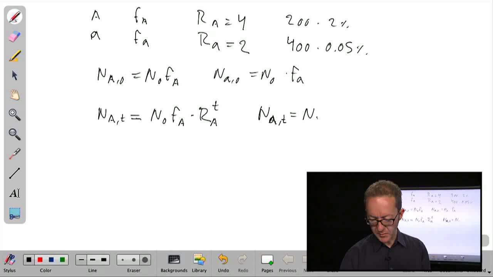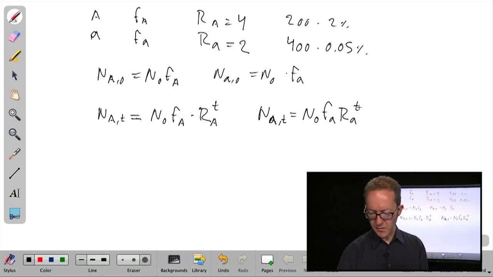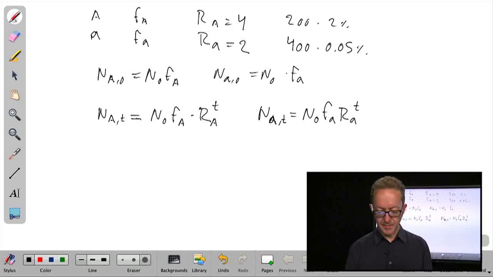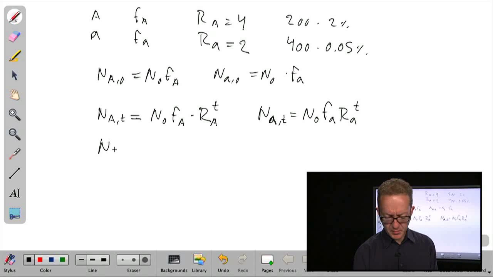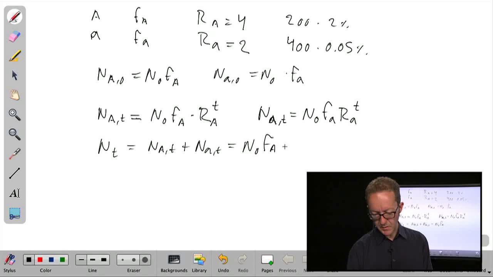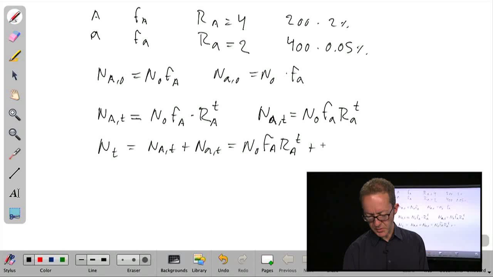So we can write the corresponding expression for lowercase a. Now these R's, these absolute fitnesses, are different. This means that the total population size at time point t, which is the sum of the uppercase A and lowercase a populations, can now be written by inserting all of these in the expression.